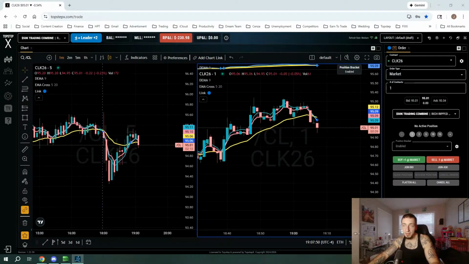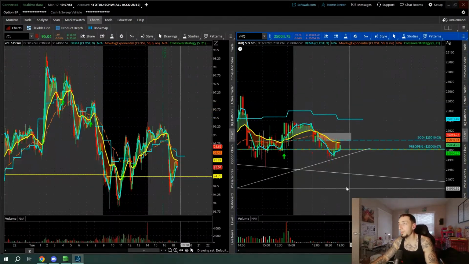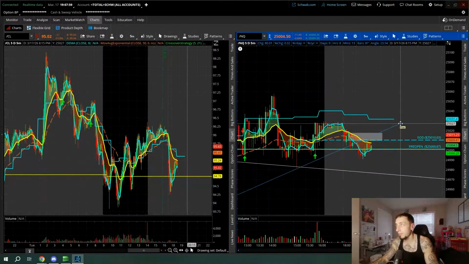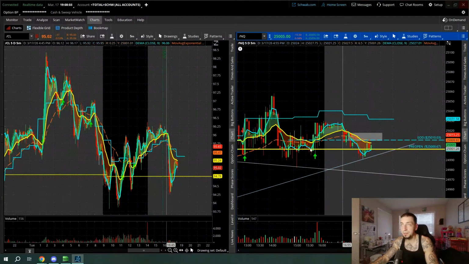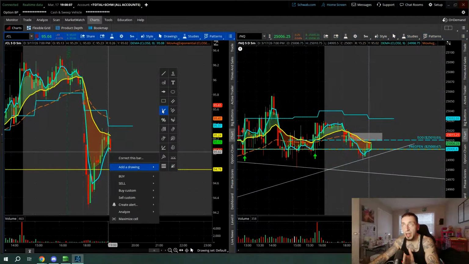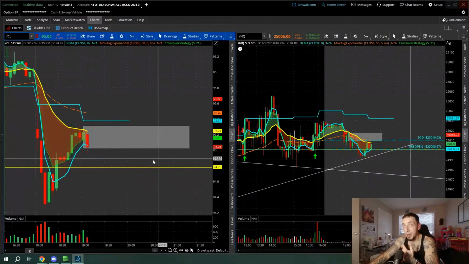Let me show you what I'm looking at. All right, so check out NASDAQ. A couple different trend lines here. I'm going to watch that guy. Look at oil, clean GBI here on oil too. So I'm feeling bearish right there.